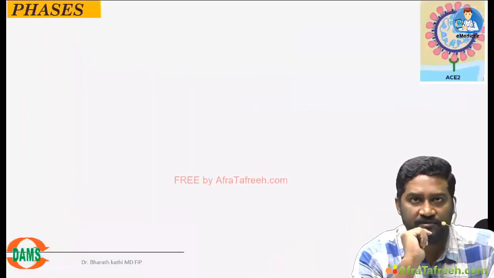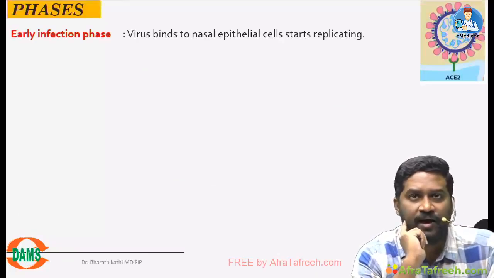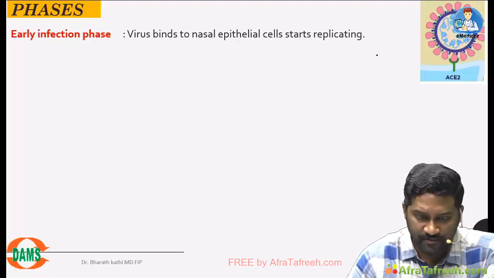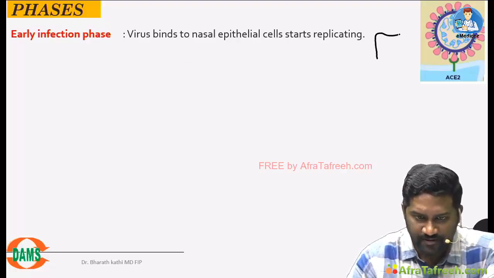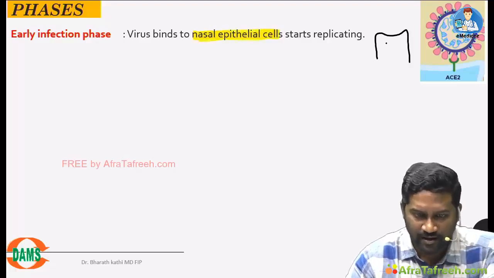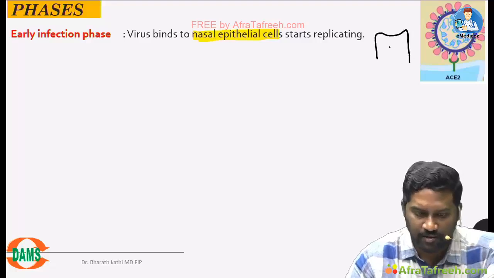Coming to the phases of COVID-19 infection, it can be divided into an early infection phase. In this phase, consider this is the nasal epithelial cells. The portal of entry is the nasal epithelial cells, and on them there are important receptors called ACE2 receptors.